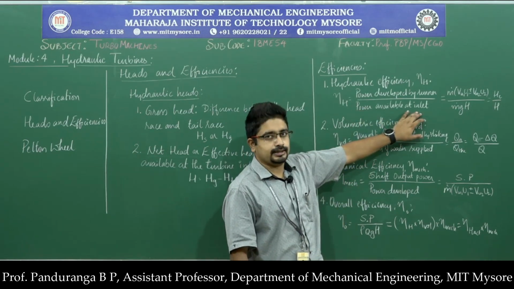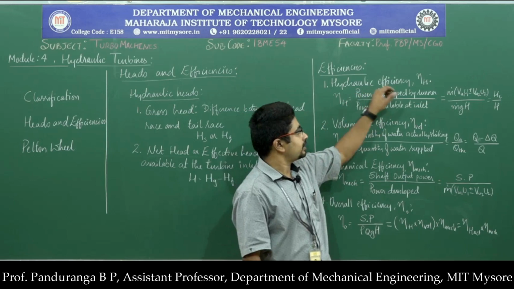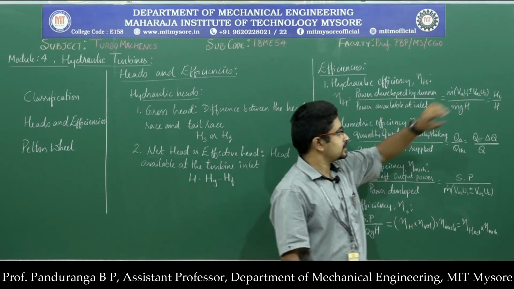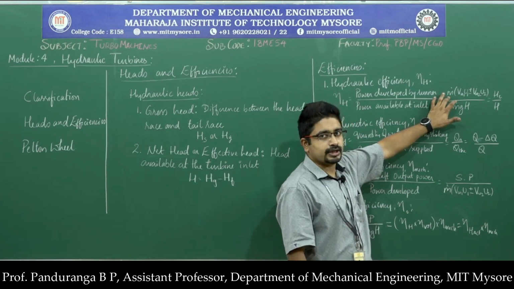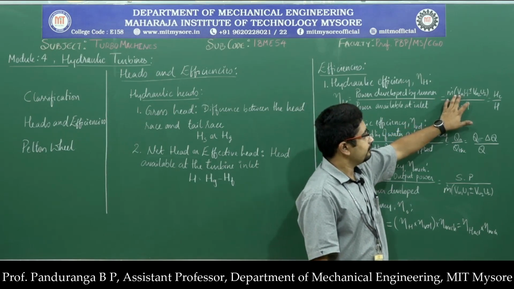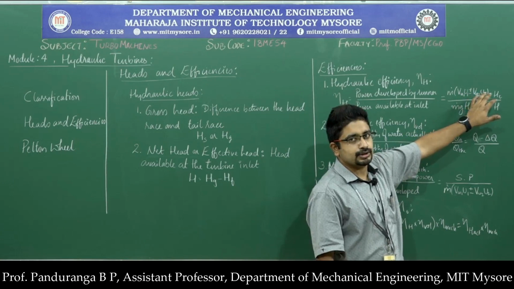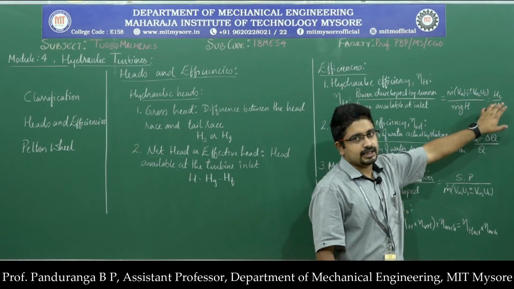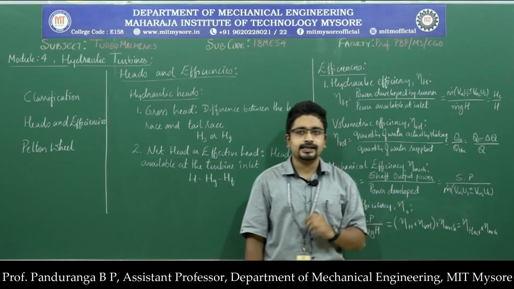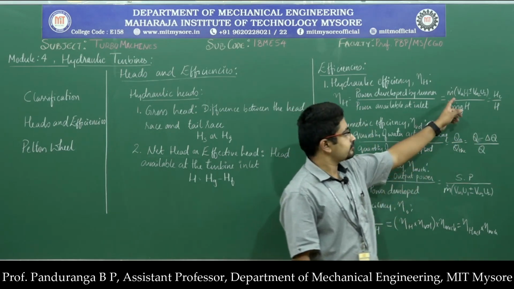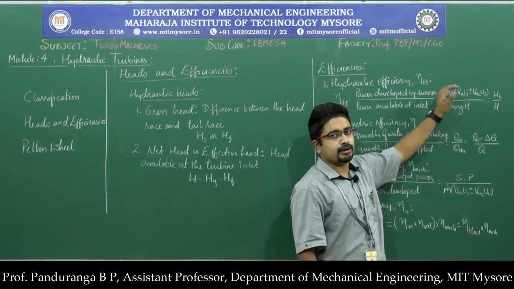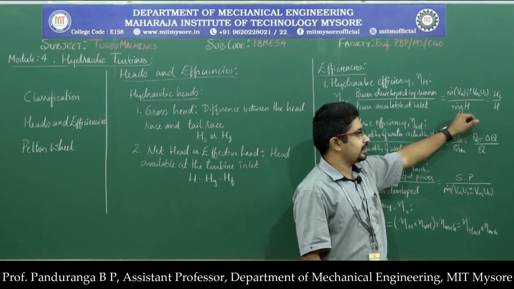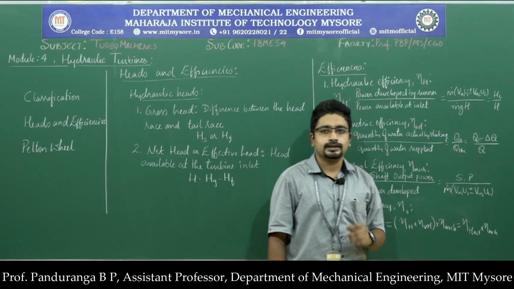The power developed by the runner will be given by Euler's equation, which is m dot, the mass flow rate of water, into Vu1 U1 plus or minus Vu2 U2. It can be written as He divided by H, where He is the Euler head, because at the top we have the power produced given by Euler's equation, and in the denominator it can be written as the head.